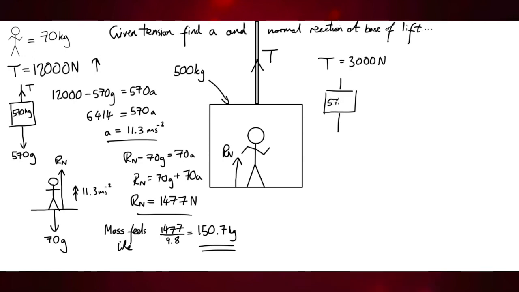So we have 570 kilograms in here, tension going upwards, which is 3,000, and the weight going downwards, which is 570 g. We want to work out what its acceleration is. Now we know that 570 g is going to be bigger than 3,000 because 570 times 10 is 5,700. So we write 570 g minus 3,000, and that equals 570 a.